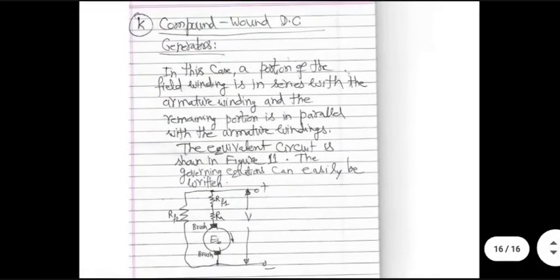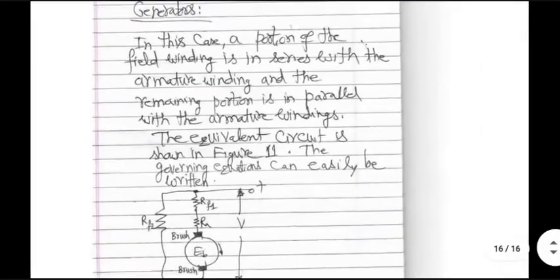How much of the field winding is in series and how much is in parallel may become a factor that you keep changing dynamically to get the best out of the system all the time. But again, for small power applications, you don't care much. Maybe shunt winding will be enough.